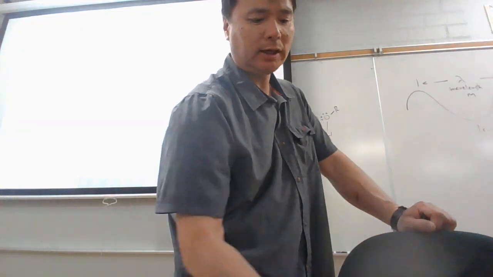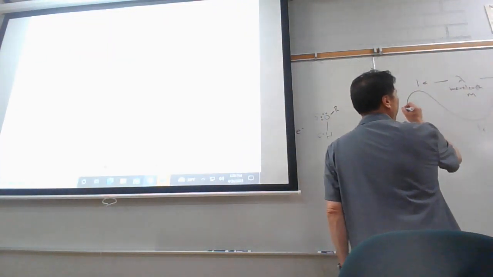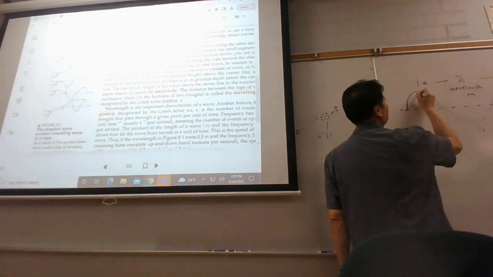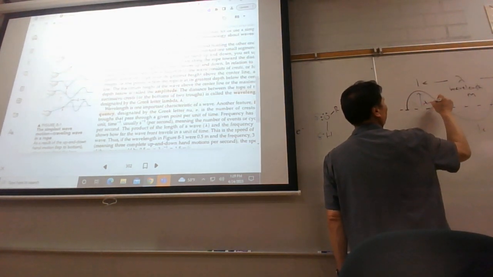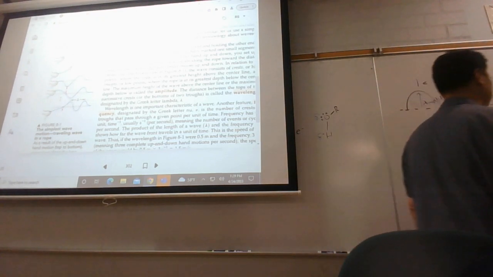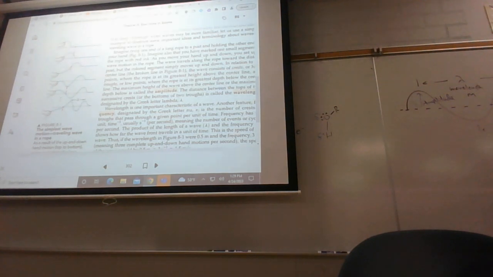Okay, there's one more thing we should know, and that's amplitude. Amplitude is how big the wave is. The larger the wave, the greater the amplitude. Amplitude is related to energy. Energy of light is a bit tricky.